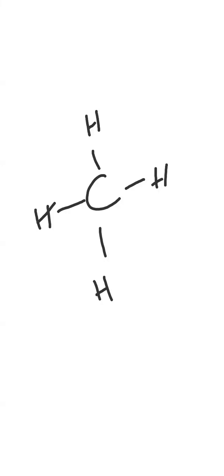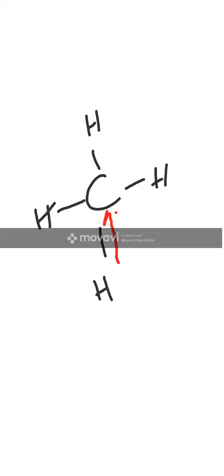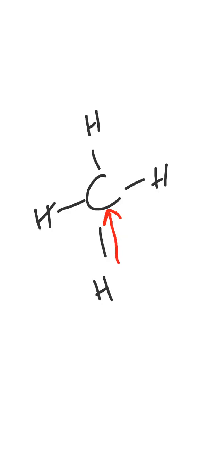So we can say that the electron of hydrogen is moving toward the carbon. Carbon is more powerful, you can say. Carbon is holding the electron of hydrogen for a nanosecond.